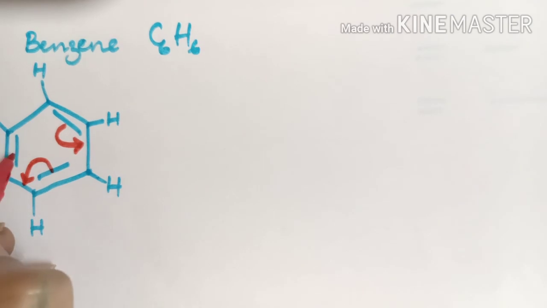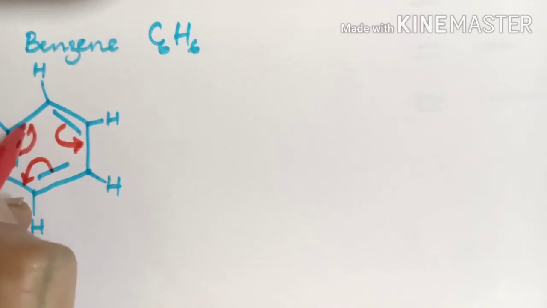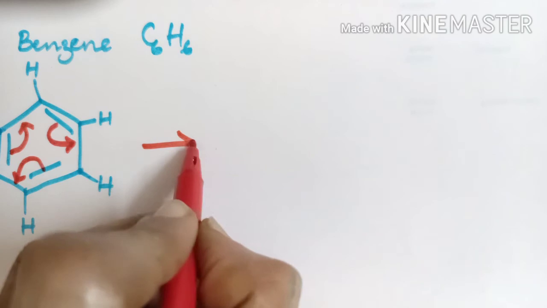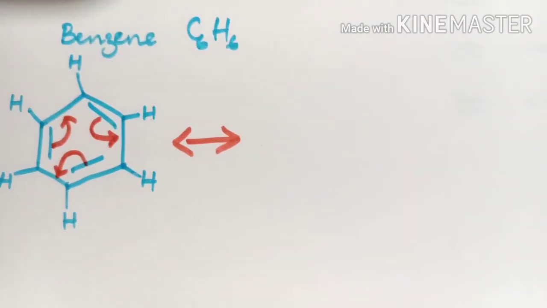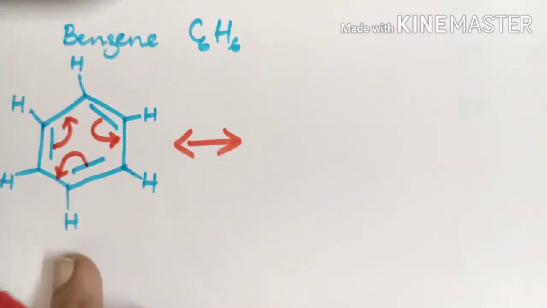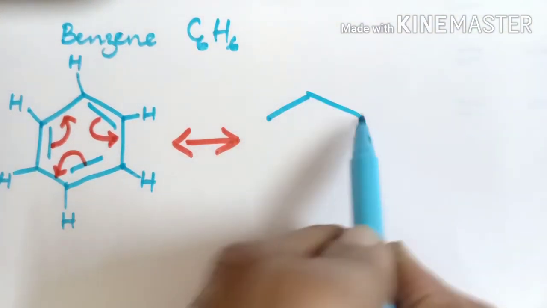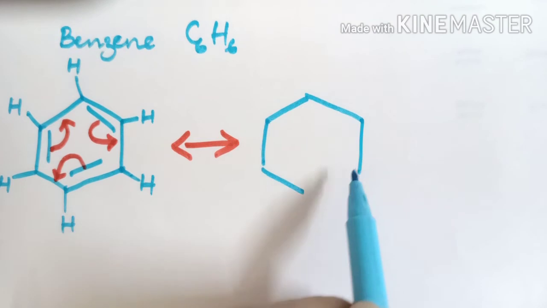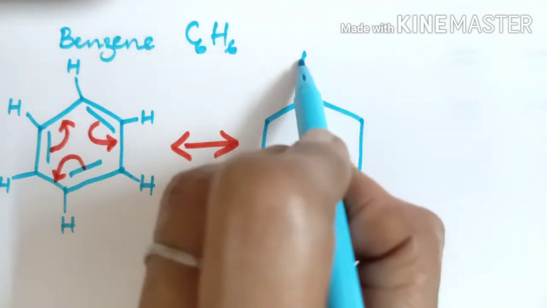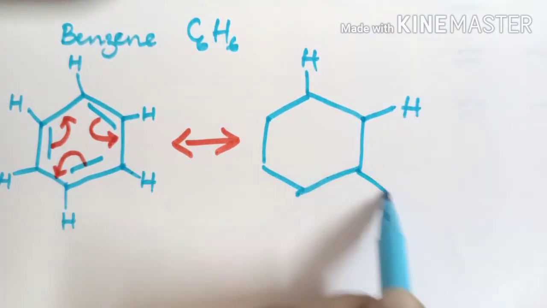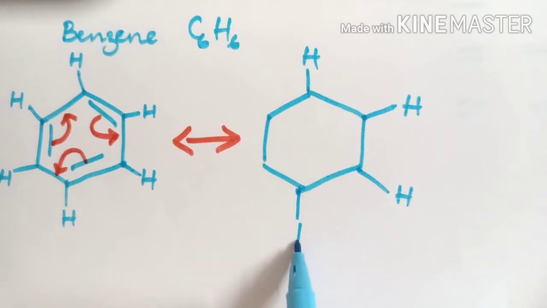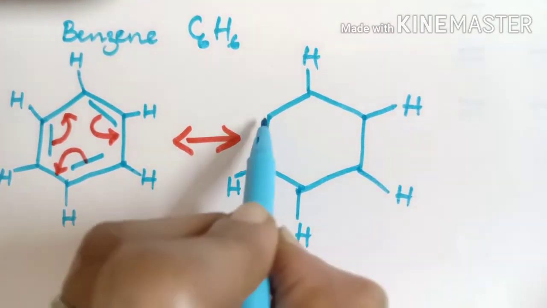With the result, the pi electrons again get shifted. In effect, the structure of benzene is interchanged with a new structure wherein the positions of the double bonds are shifted.